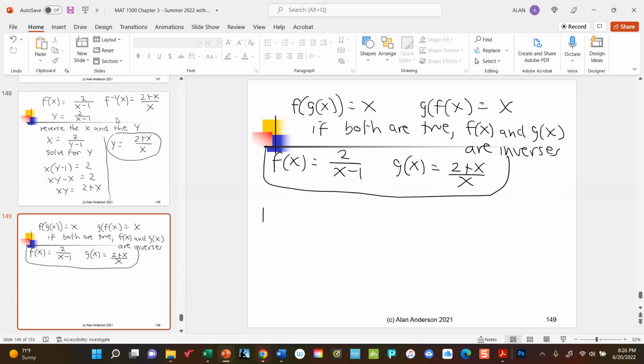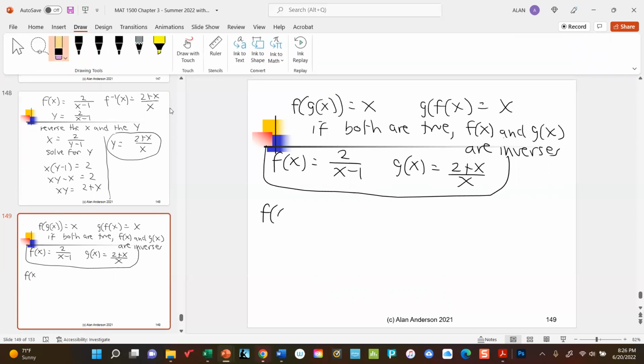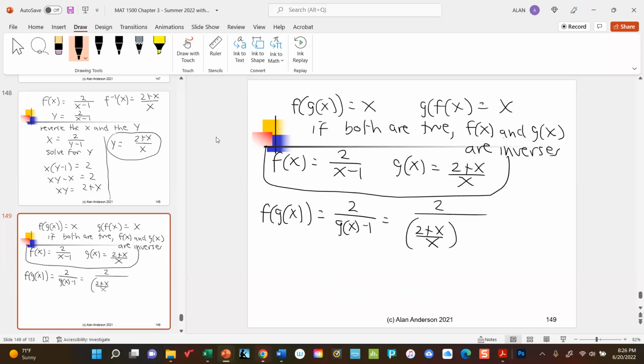So f of g of x would therefore be 2 over g of x minus 1. Now with these, you've got to be careful sometimes. It would be very easy to make an algebraic error with something like this.